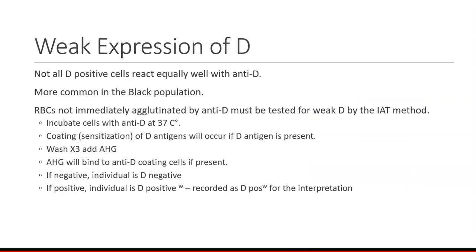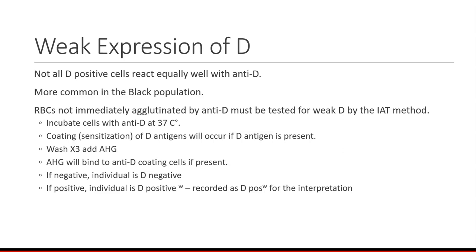Let's talk about another topic that confuses students, the weak expression of D. Not all D-positive cells react equally well with anti-D, and weak expression of the D antigens occurs more frequently in the black population.